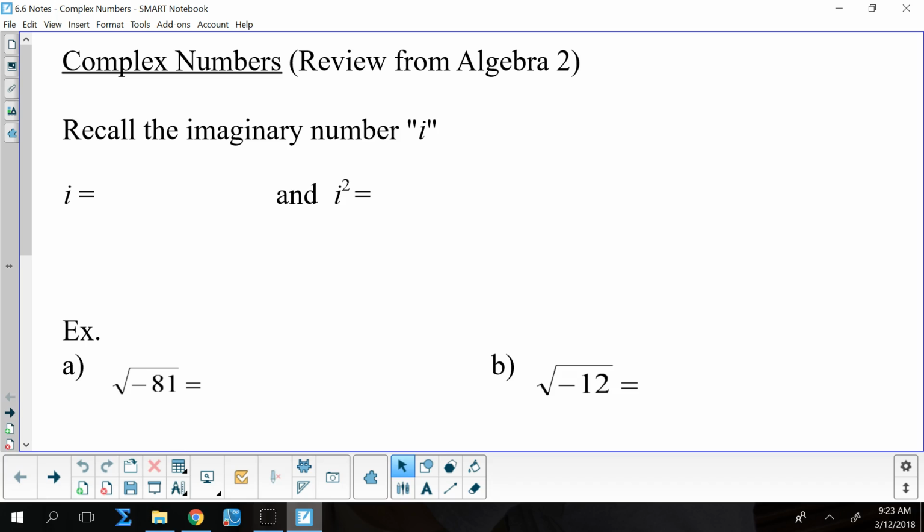What's the deal with i? Imaginary numbers. What's the square root of negative 1? i is the square root of negative 1.